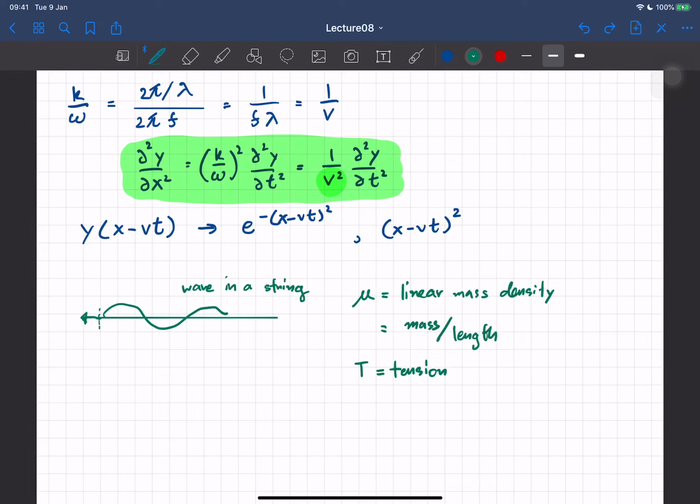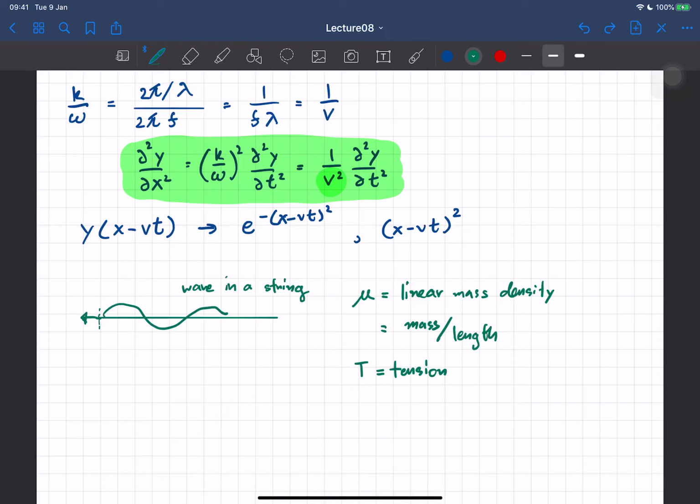In principle, we can go through a mathematical process to figure out the velocity of the wave in the string, and try to see what is the term multiplying in front of dy by dt. This you can find in the textbook. We're not going to repeat that here.